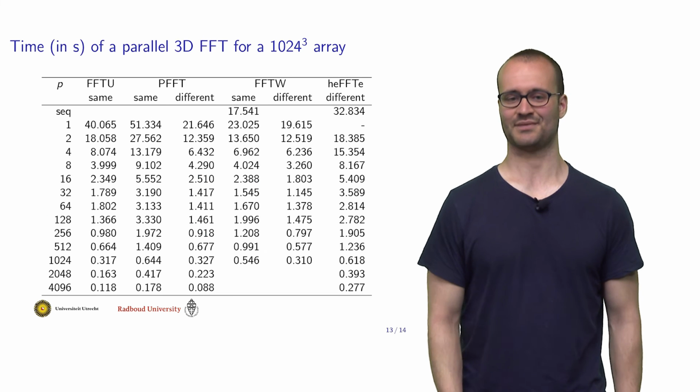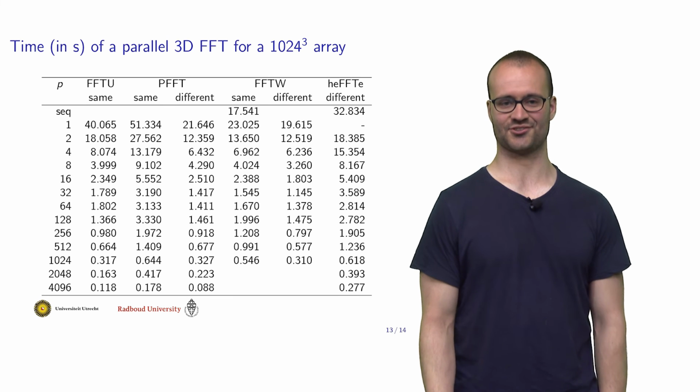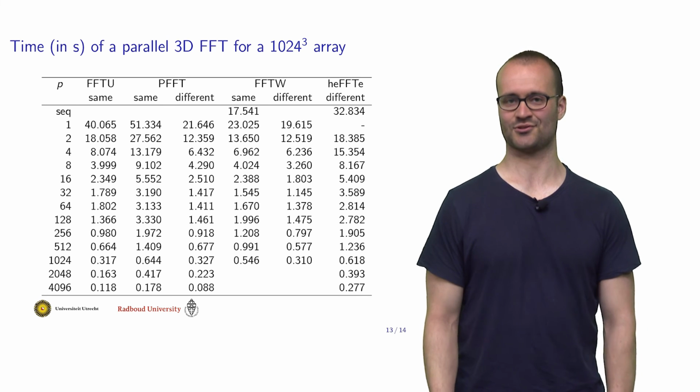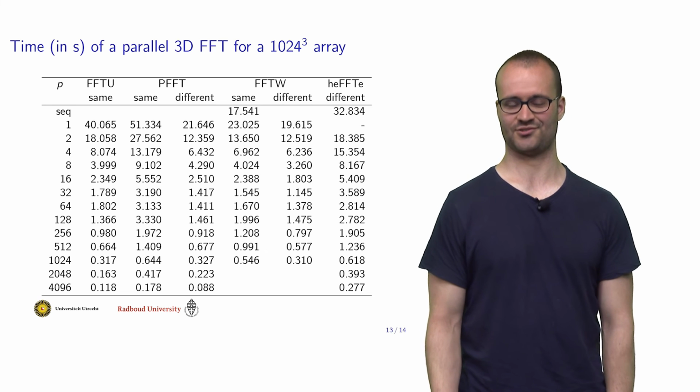We have done runtime measurements on the Dutch national supercomputer called Snellius. This is a machine that has 128 cores per node and many nodes, of which we have used up to 32.